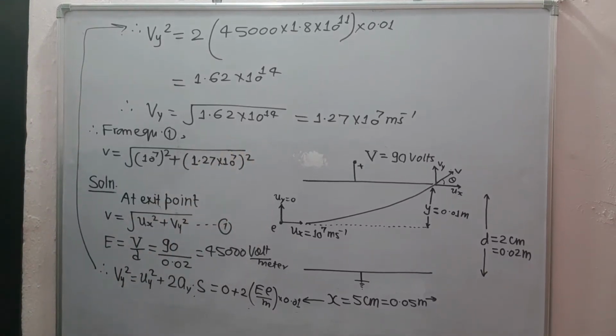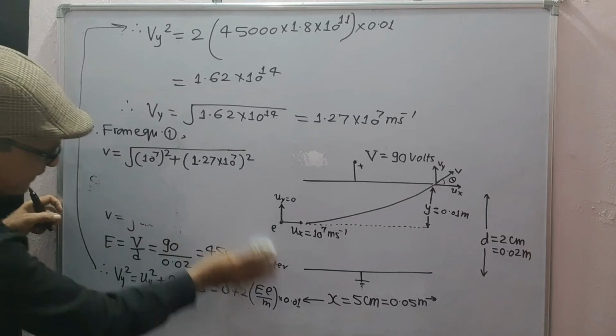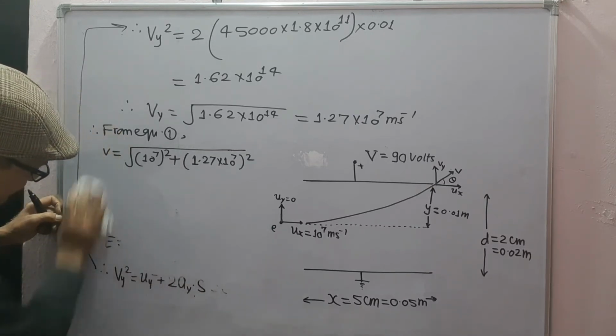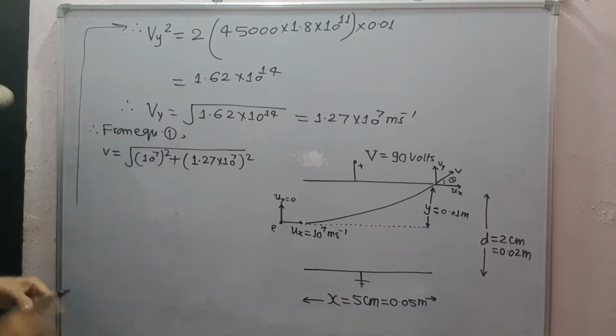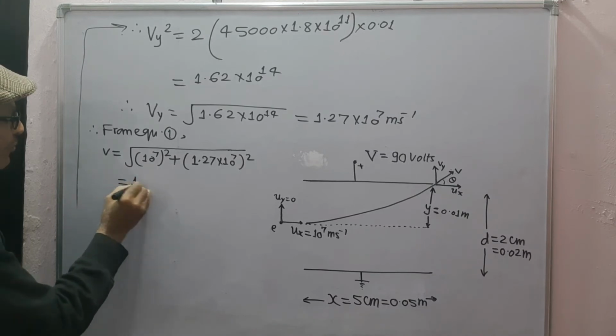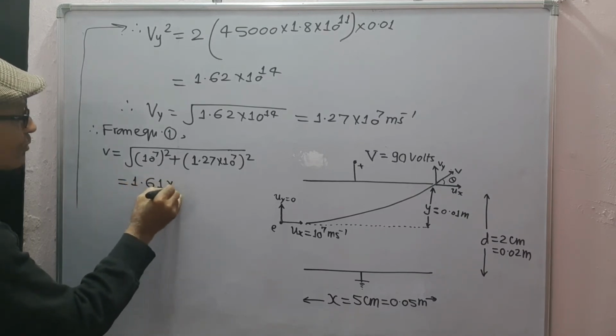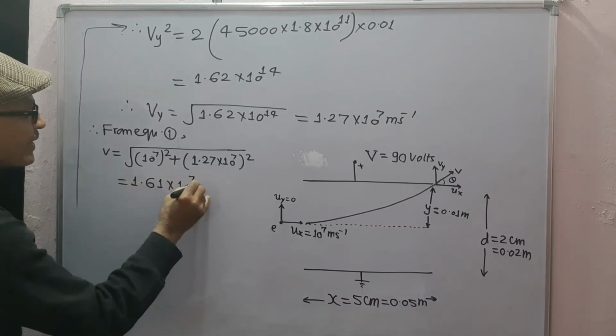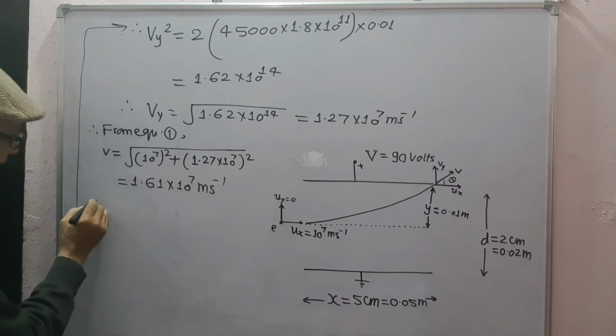On simplification we get v as 1.61 into 10 to the power 7 meters per second.